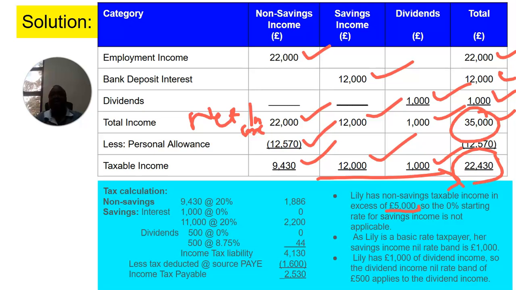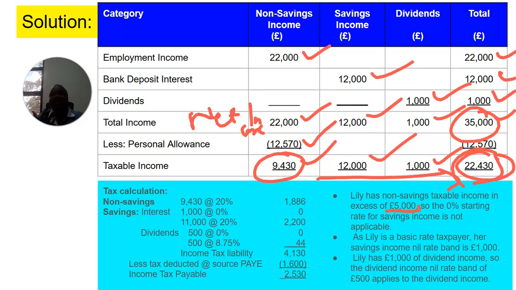All right, so this amount shows that this lady Lily is a basic rate taxpayer. However, her non-savings income of 9,430 is above the 5,000 pound threshold.